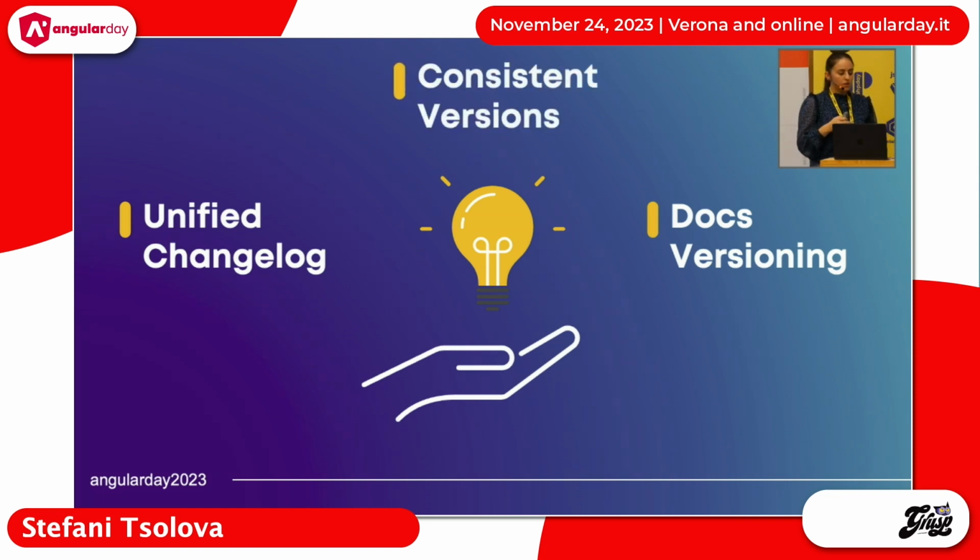And consistent versions are also beneficial for the people that are using those libraries because they don't have to think, wait, I am using 10 of your packages, what are the new version numbers so that I can update them? They can just see the new version number is 13, so I will go ahead and update all of my packages to that number.